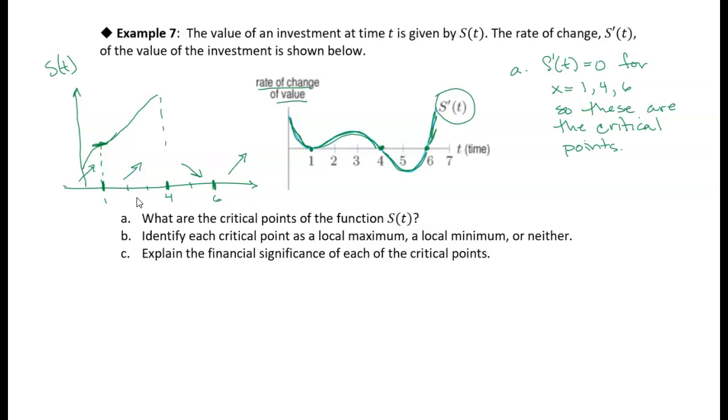Till we get to 4, and then it goes from an increasing to a decreasing function. Then it's decreasing until we get to 6, and then it starts increasing again.